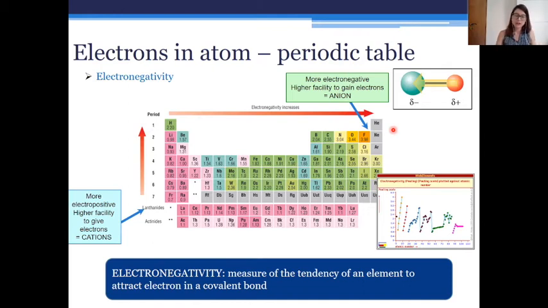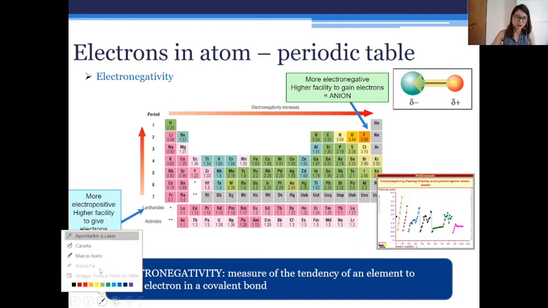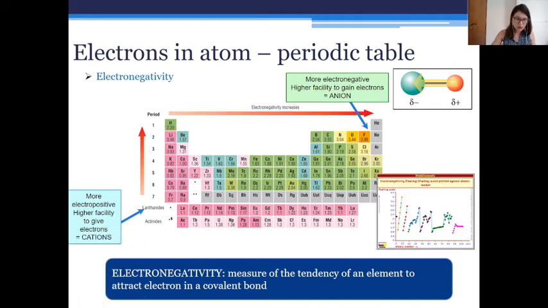And so we have an increase of the electronegativity that evolves in that way in the periodic table.